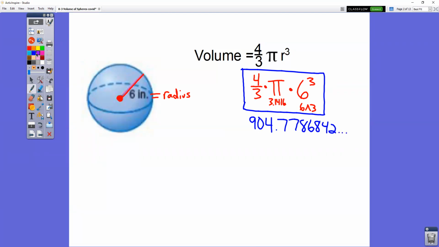We're going to round our answer to the nearest tenth. The 7 is in the tenths spot. You have to look at the number after it. That number after it is 5 or higher, so this is going to round up to be 904.8. Just like the past couple of days, you're also going to have to leave your answer in terms of pi.